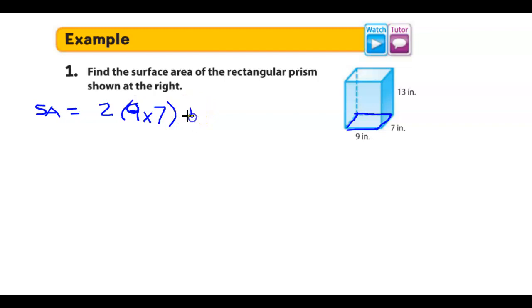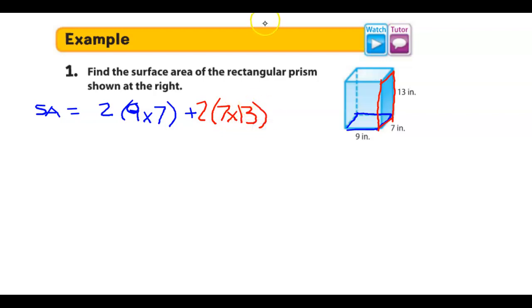Okay, then we're going to have to go ahead and add that to, why don't we do this side over here? Let's take this side here, which is 7 times 13. And we're going to do 2 of that because we got a right side and we've got a left side. We'll do 2, and we'll say 7 times 13.